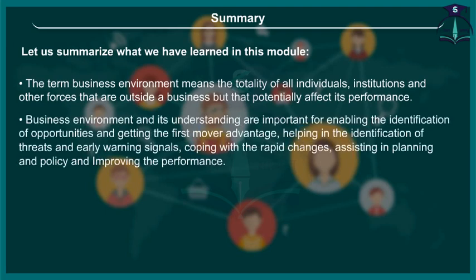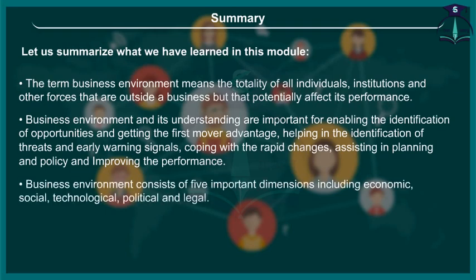Business environment and its understanding are important for enabling the identification of opportunities and getting the first mover advantage, helping in the identification of threats and early warning signals, coping with the rapid changes, assisting in planning and policy, and improving the performance. Business environment consists of 5 important dimensions, including economic, social, technological, political, and legal.